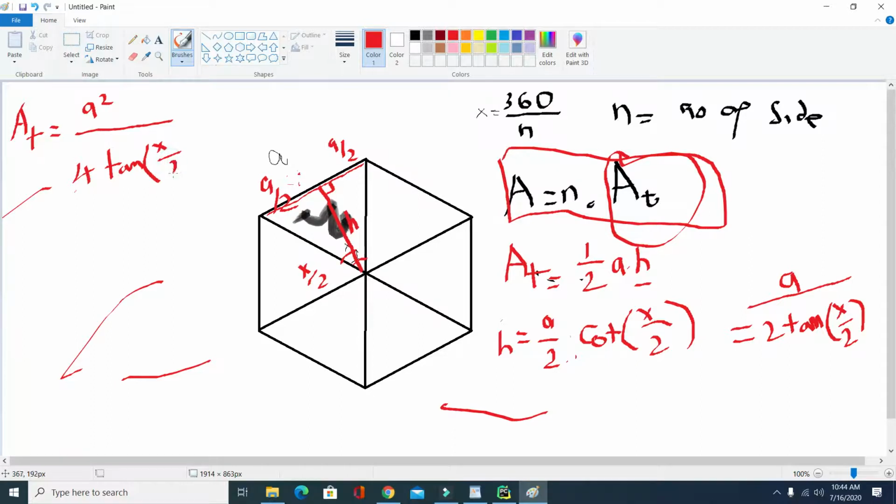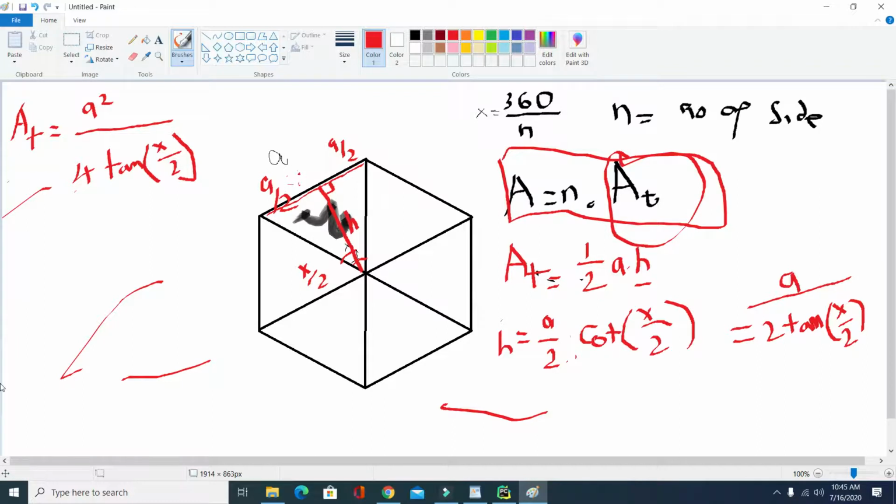Okay, AD. That's AD. Yeah, because we have to multiply A by A and 2 by 2, so that's how it goes.